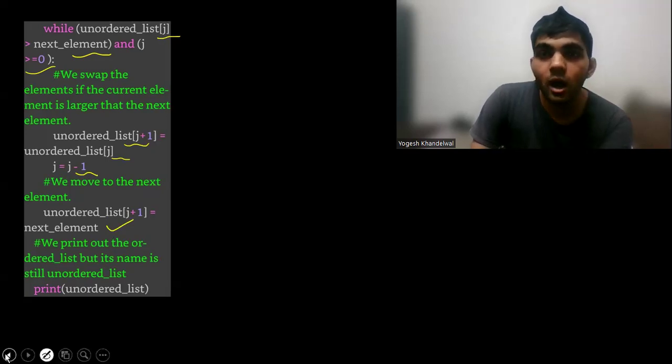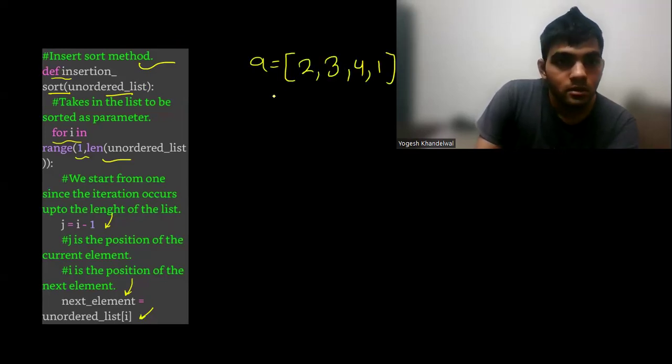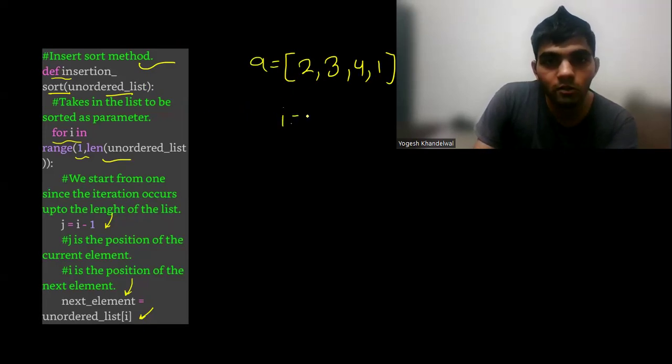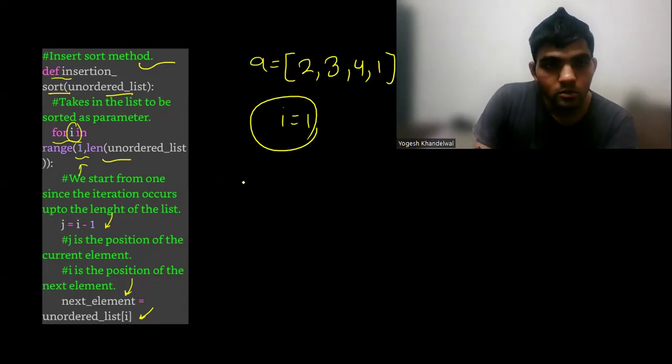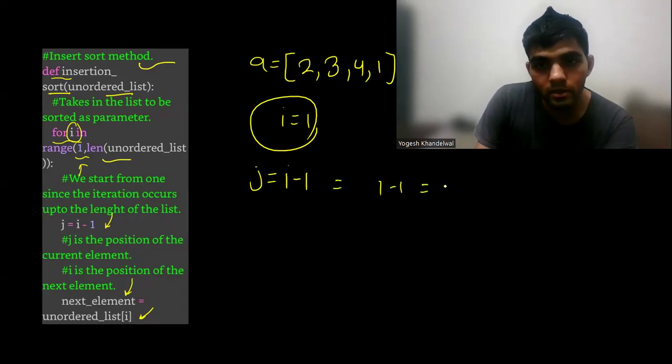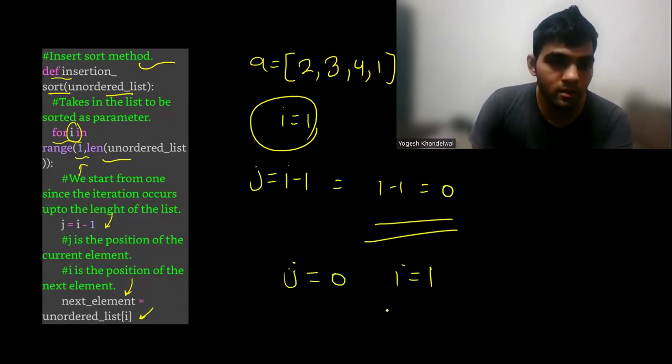So let's see how this code is working. Say we take a equal to 2 3 4 1. Initially i will start from 1. So j is equal to i minus 1, which is 1 minus 1, 0. So we have j equal to 0 and i equal to 1.